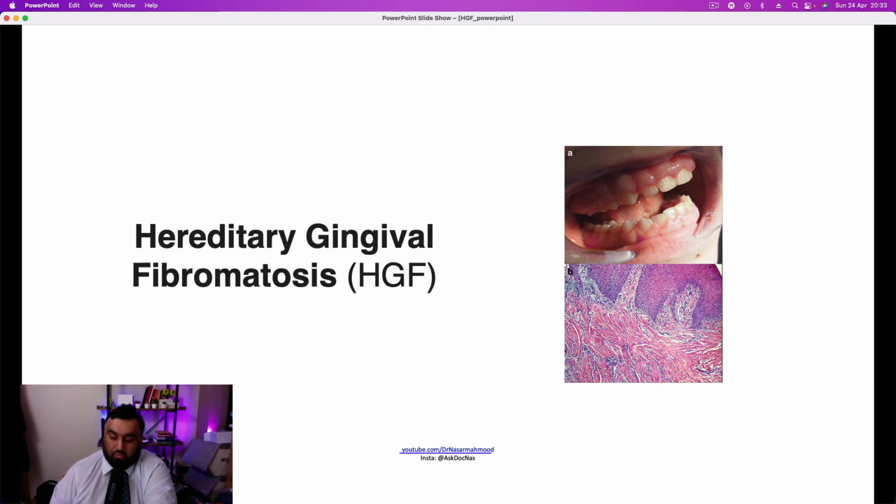You're looking at the submucosa. You look at the submucosa as the area of excess tissue growth, which makes the gingiva look like it has excess overflow in the oral cavity.